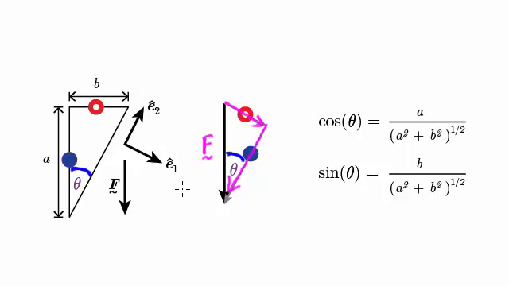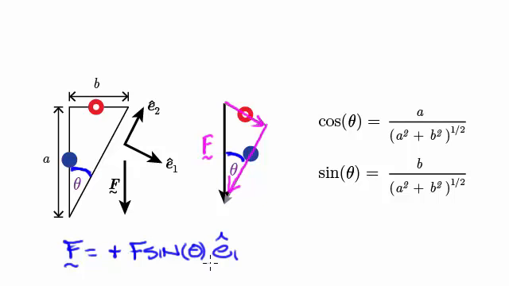Now it looks like one of our previous vector decomposition problems, and I can write this vector decomposition in terms of that theta. In the e hat 1 direction, that's this component there, which is opposite from theta. So that would have an f times sine theta. Notice that this component is in the positive e hat 1 direction, so I can put a little positive right there if I want to.